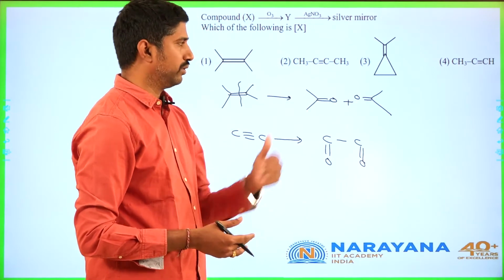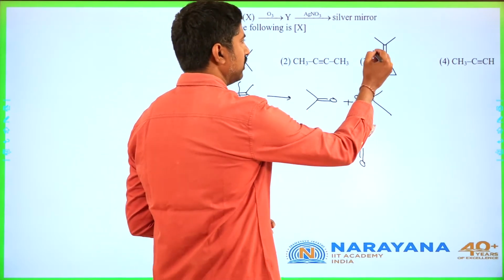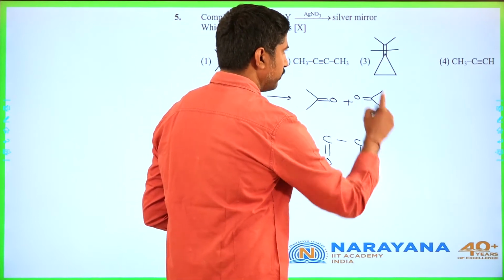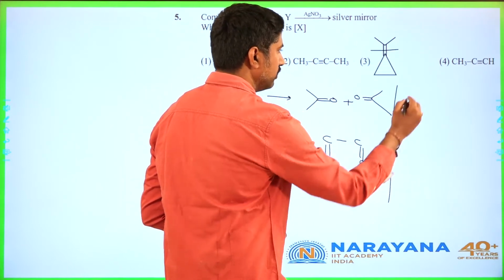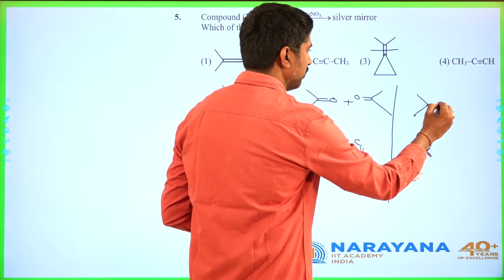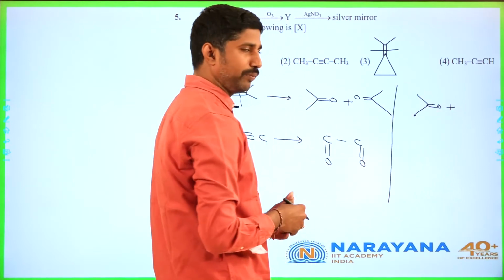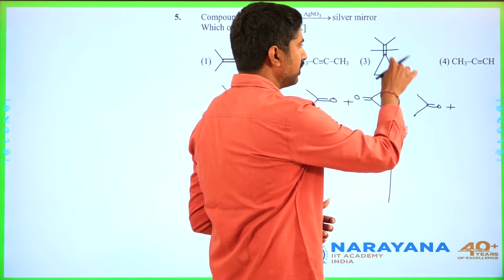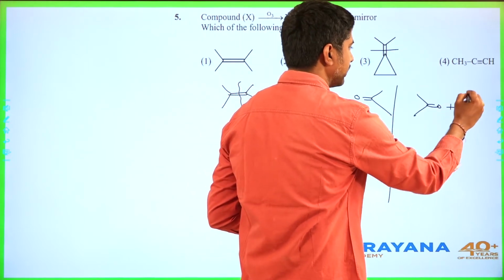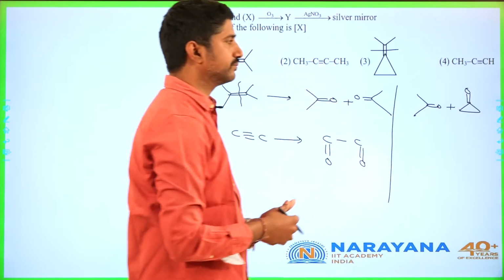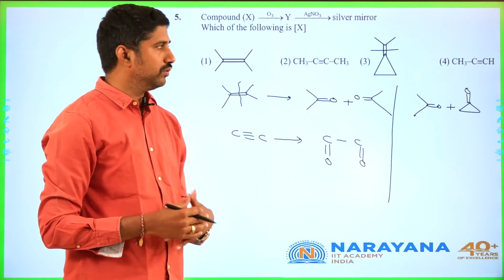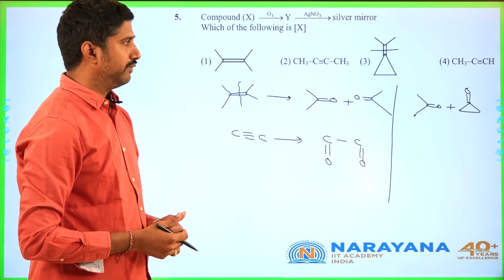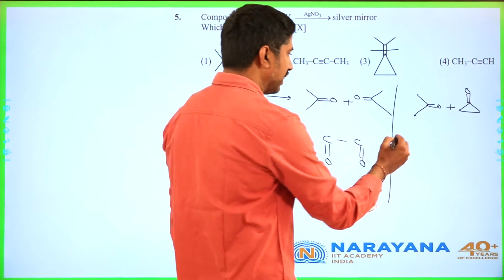So second compound, no. Similarly, if you write the third compound's product, the first one is double bond O here, that is nothing but propanone, and the second part of the compound is cyclopropanone. Now see the fourth option. In the fourth option, again we got an alkyne.